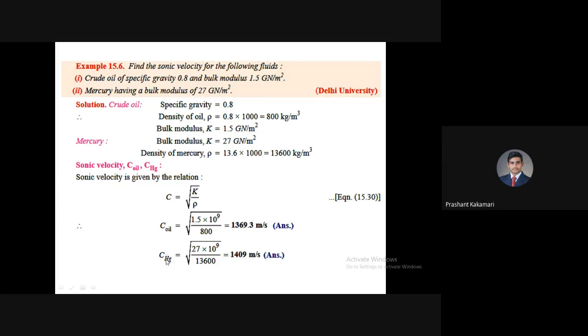Next, coming to the mercury, the speed of sound here is very high compared to atmospheric air. It is high because molecules are very near and the fluid has very high density and high bulk modulus compared to water and air. K is given, so substitute 27 into 10 raised to 9.